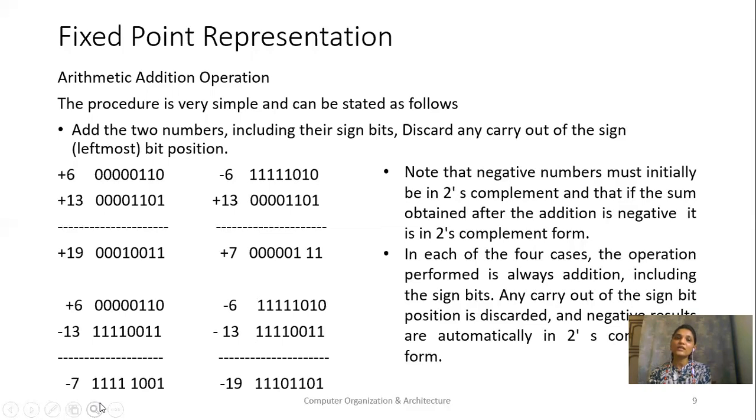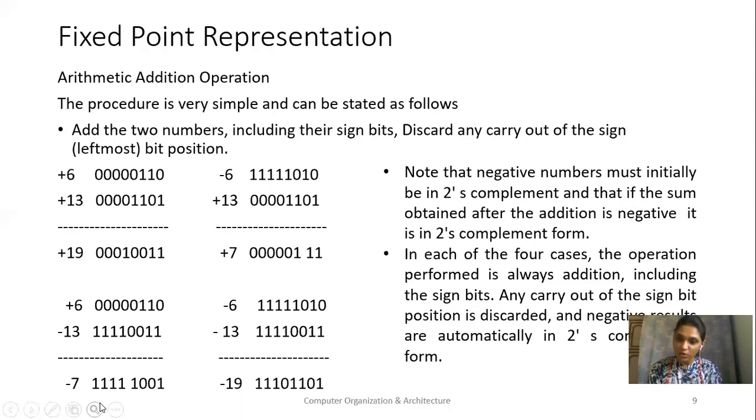So by this method you can find the addition or subtraction of fixed point represented numbers. Whenever you get a negative number, you represent it by its equivalent 2's complement form, and then you can do the addition. If in the result you get the MSB as 1, that shows the number is negative and represented in 2's complement form.